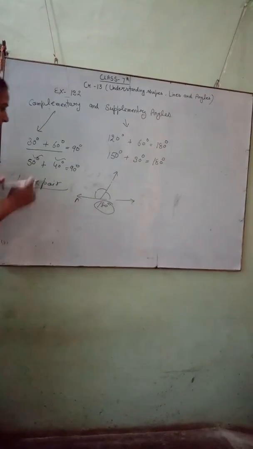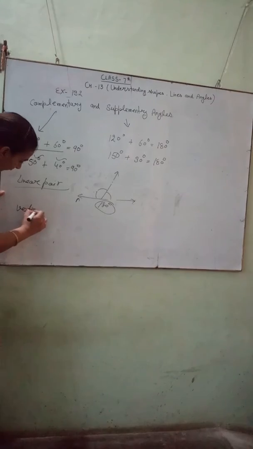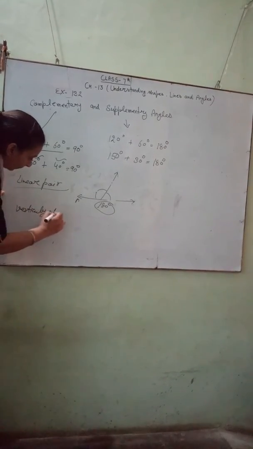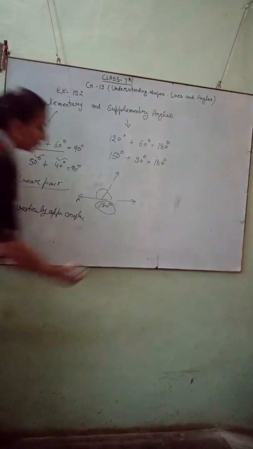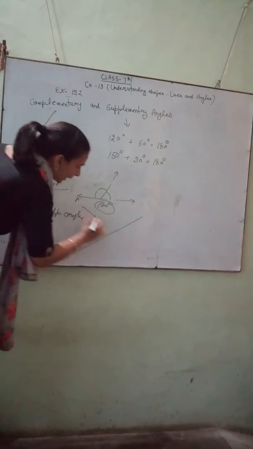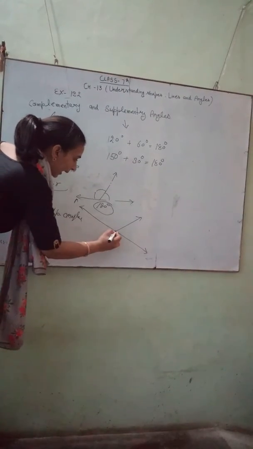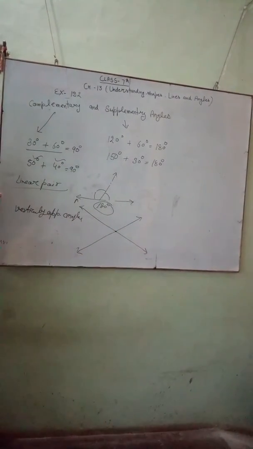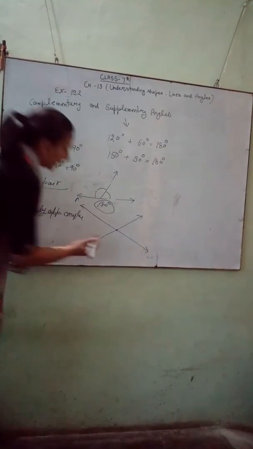Again, vertically opposite angles. If two lines intersect each other at a point, then there are two pairs of vertically opposite angles.